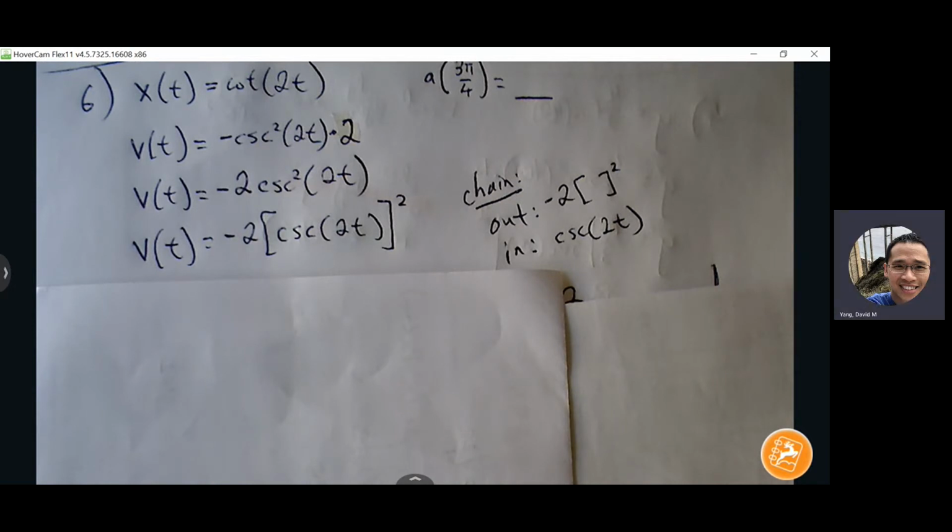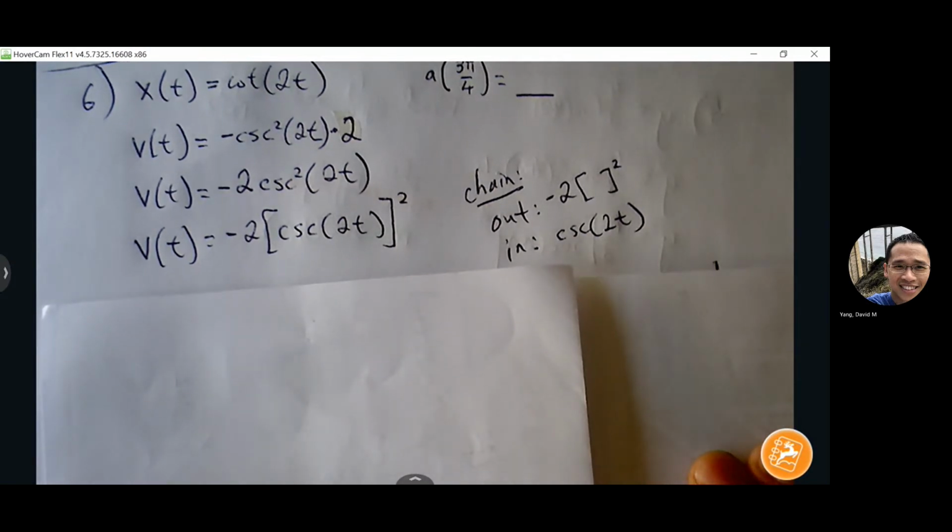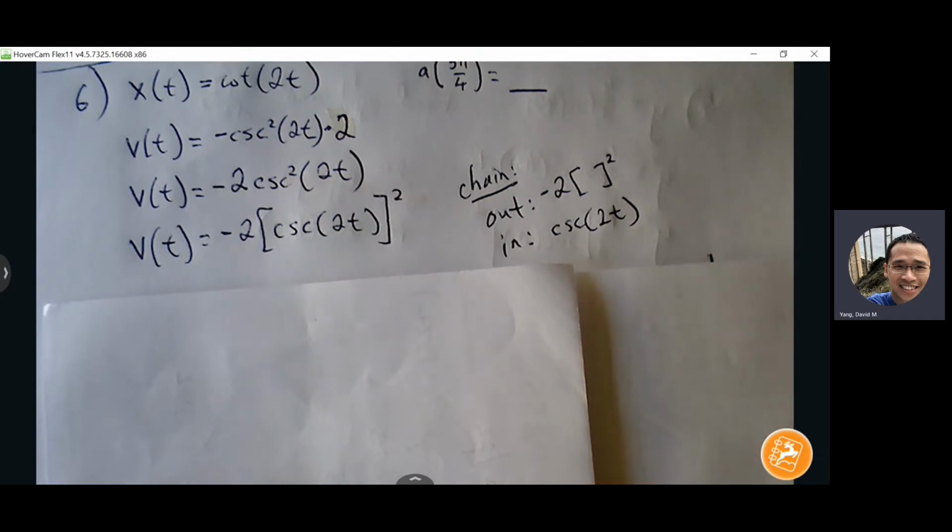Outside is that negative 2 bracket squared. The inside is that cosecant of 2t. Okay, outside's derivative first, negative 4 bracket to the first power. And the cosecant becomes negative cosecant u, cotangent u times u prime.